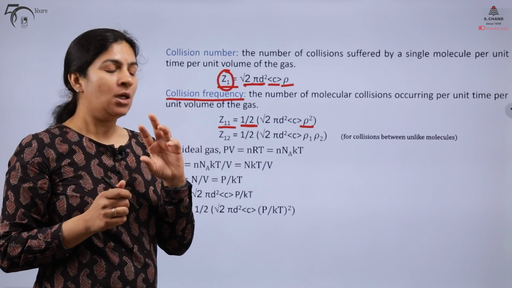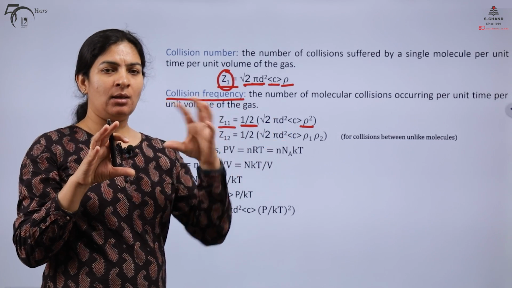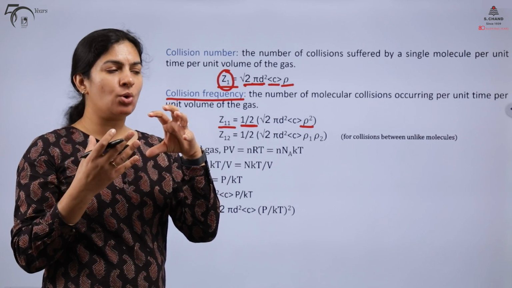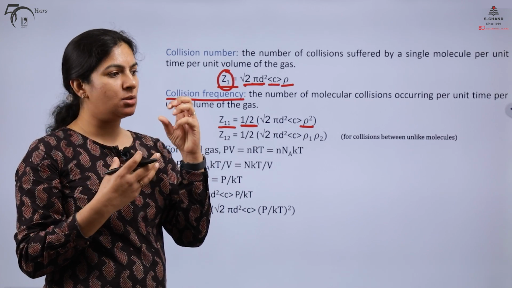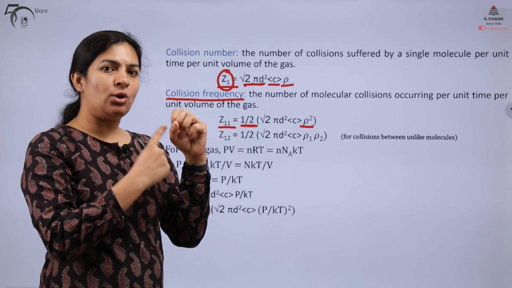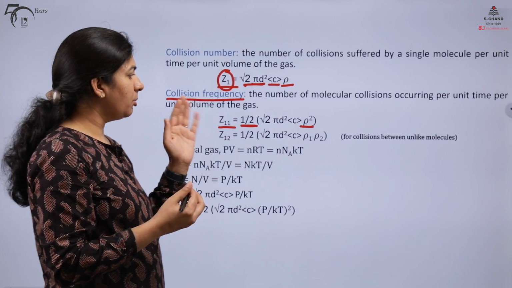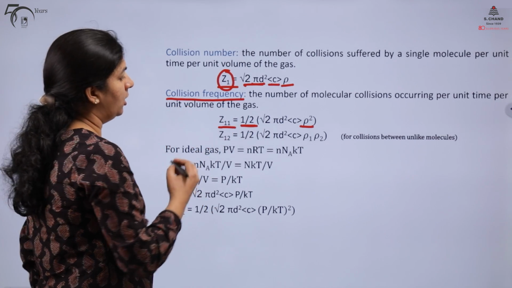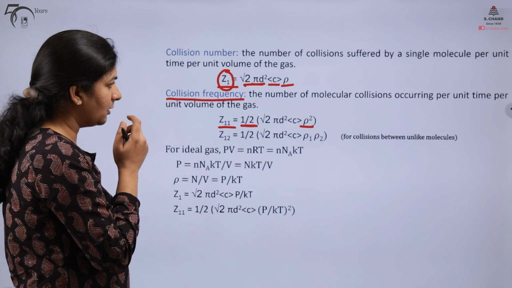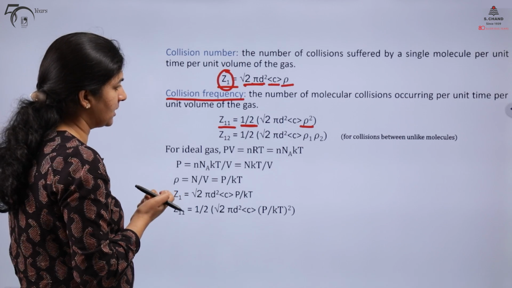As in, if I count the collisions of the first molecule with the second, then with the third, and then with the fourth, then in the next go when I count the collisions of the second molecule with other molecules, I should not be counting the collision of the second molecule with the first one twice. So, it should be divided by 2. This 1 by 2 factor has been introduced so that there is no duplicacy in counting the number of collisions.